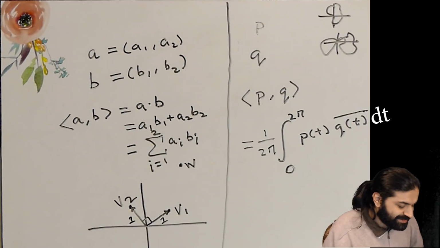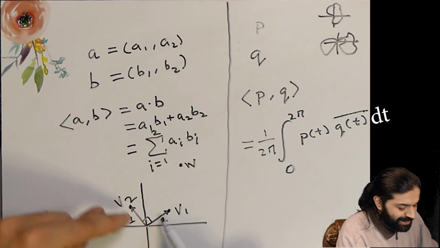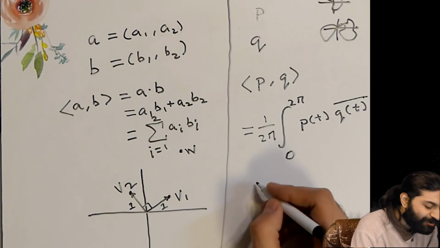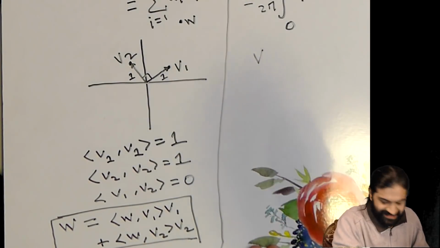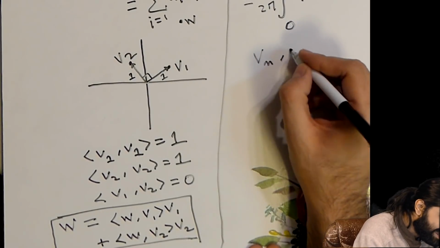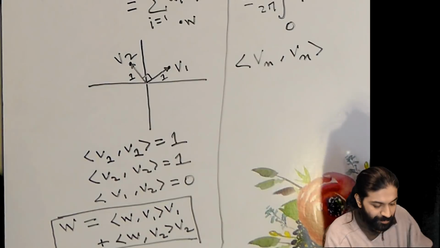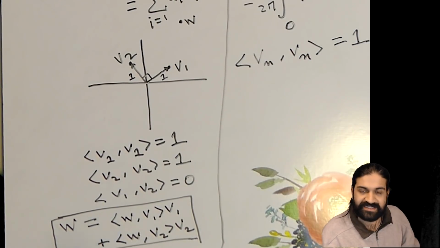Now, immediately, one thing you'll notice is that just like this case, when you have two vectors that both have a length of 1 and are at a right angle to each other, our v_n's, those paths I defined earlier, e to the it, e to the 2it, whatever, if you take the inner product of v_n with v_n using this formula, you will get 1, always.